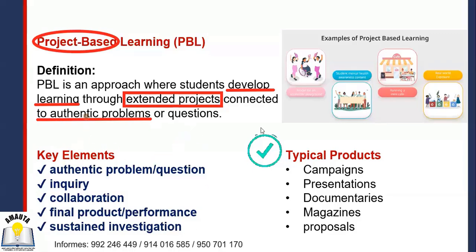Okay, what are some typical products here? Campaigns, for example, presentations, documentaries, magazines, proposals, right? In most of the cases, my dear teachers, these projects are based on the different approaches we have in the CNEP, right?